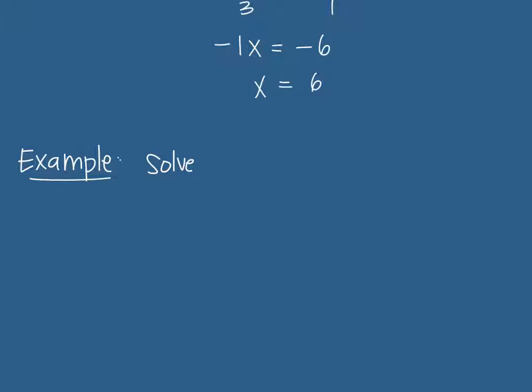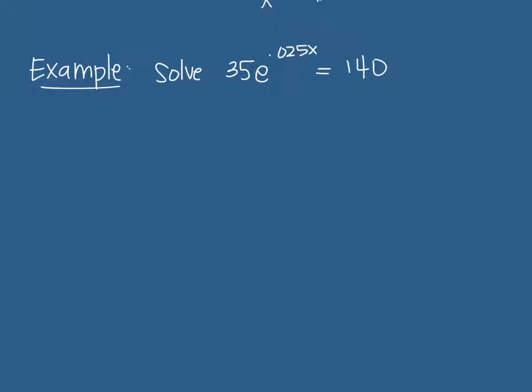Okay, let's try 35 e to the 0.025x equals 140. Just because it's e doesn't change how we do the problem. We still need to get rid of the coefficient and then use the right log on both sides. So what's the coefficient in this case? 35 is the coefficient.